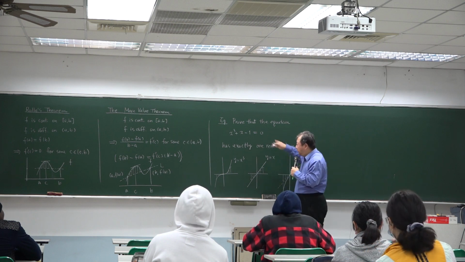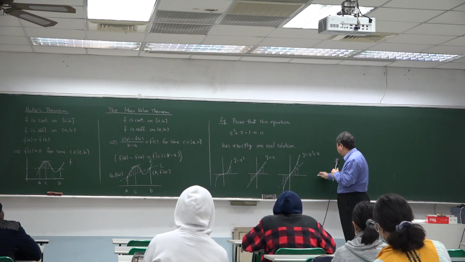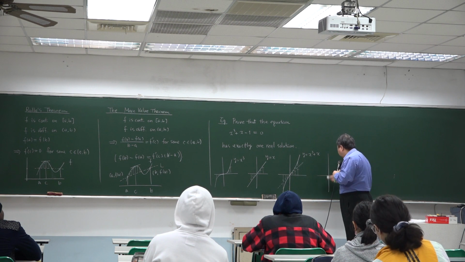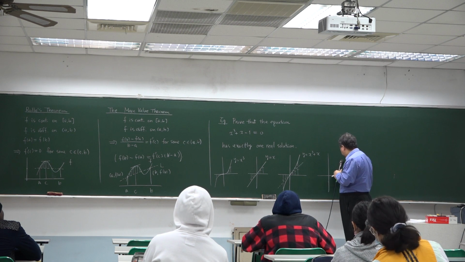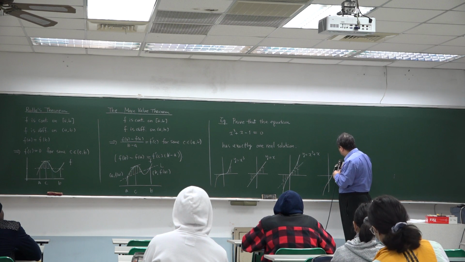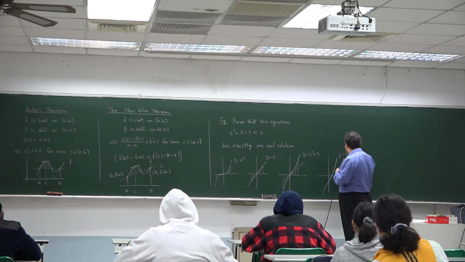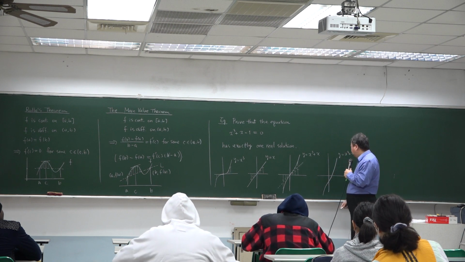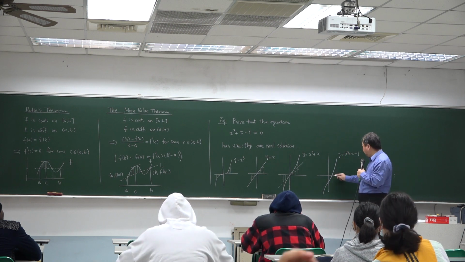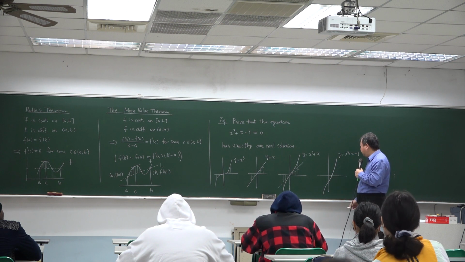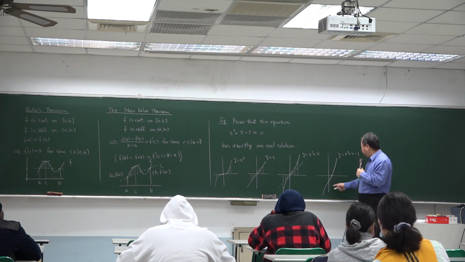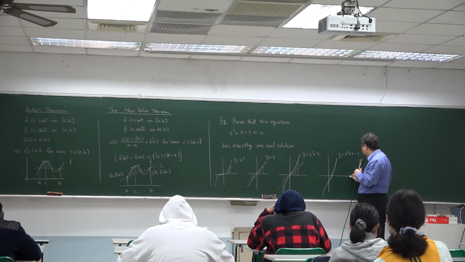Minus 1 means that we shift this curve down by 1 unit. Therefore, there is exactly one intersection of this curve and the x-axis.